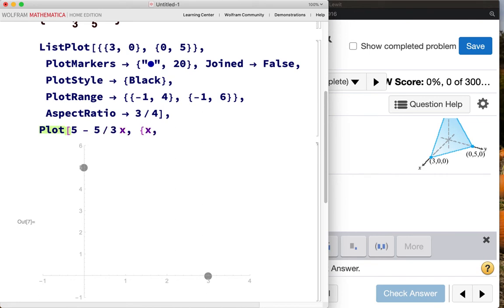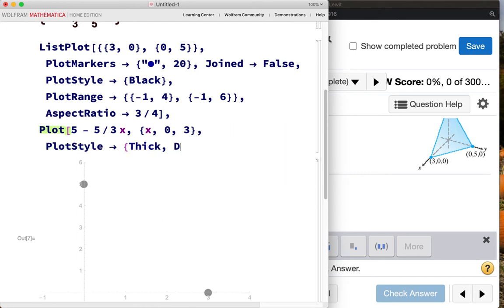X goes from 0 to 3. And the plot style is going to be thick, dashed, and red.